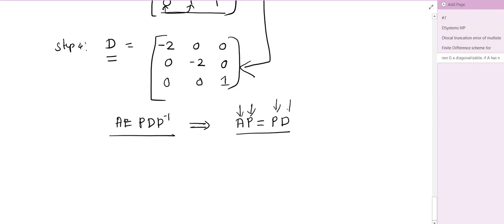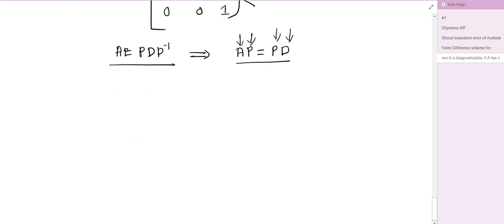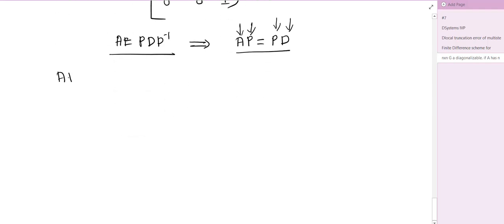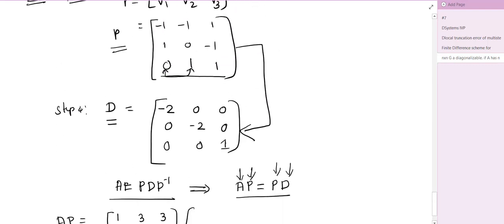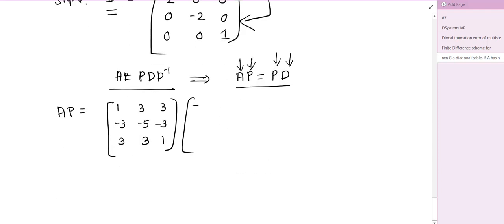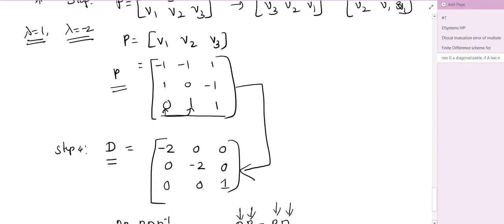Let's check that. We take A and multiply it with P. Our A is 1, 3, 3, then minus 3, minus 5, minus 3, then 3, 3, 1, which is multiplied with P. P is minus 1, 1, 0, minus 1, 0, 1, then 1, minus 1, 1.